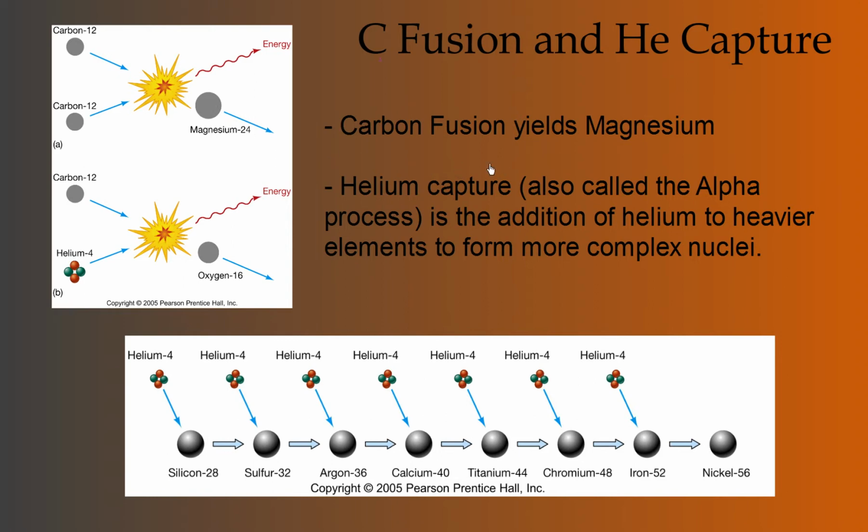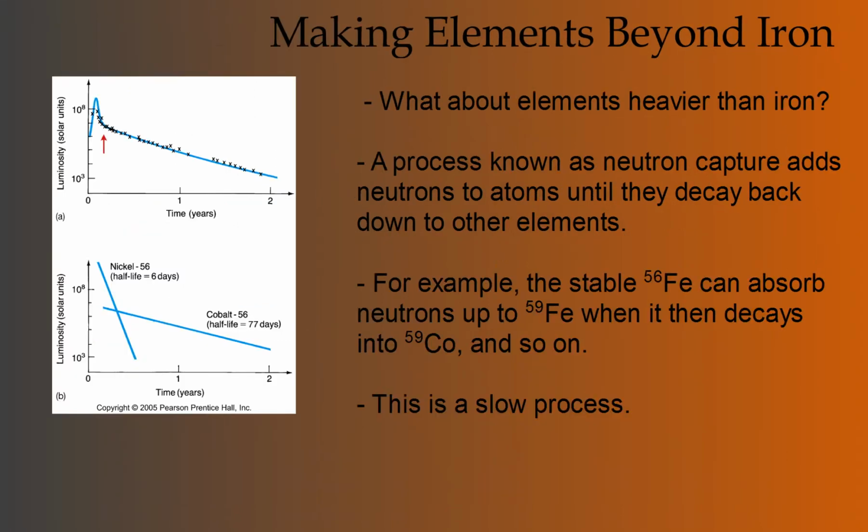But there's also this really interesting alpha process, or helium capture process, where you add a helium atom to an element and it forms a more complex nucleus. So you add a helium to carbon and you get oxygen. You add a helium to silicon and you get sulfur. You add a helium to sulfur, you get argon, and so on, all the way up to iron. This stops at iron, as we discussed earlier, because that's the limit.